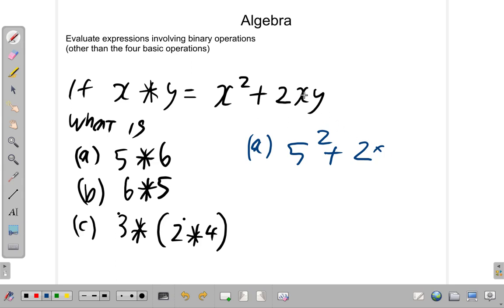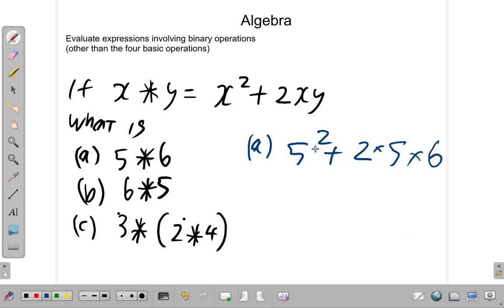2 times x. X means the first number you see. 5 is the first number that you see here, looking from left to right. It's 5, so it's 2 times 5 times the y. Notice y is here and y is at the end. Follow the pattern. 6 is here at the end over here, so 6 must be here, times 6.